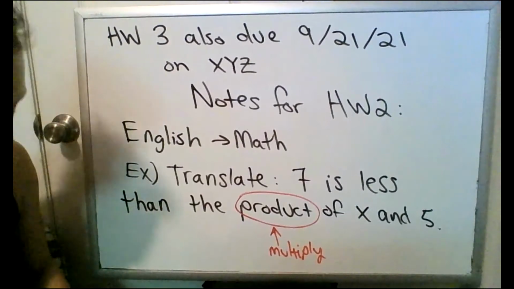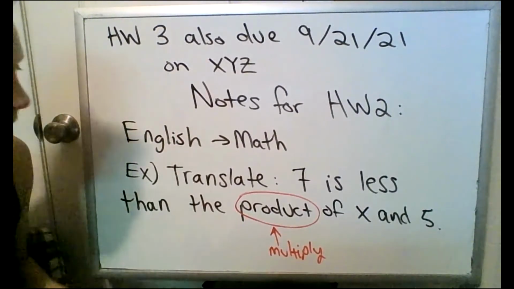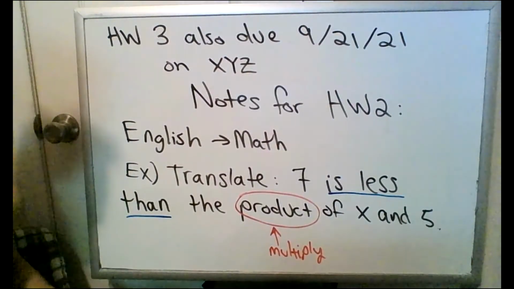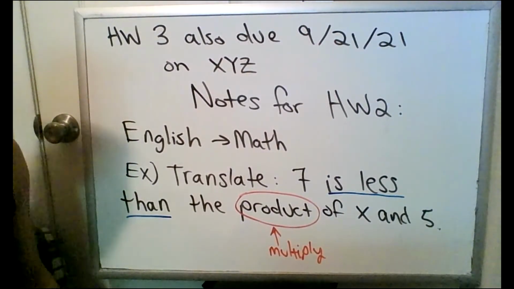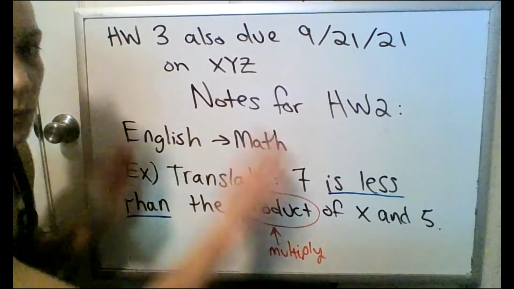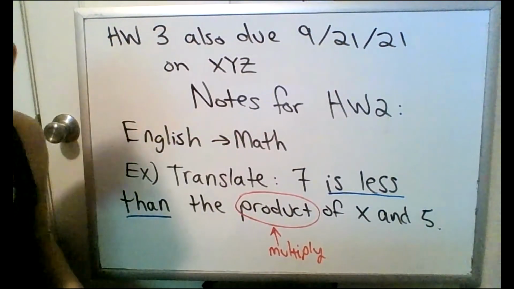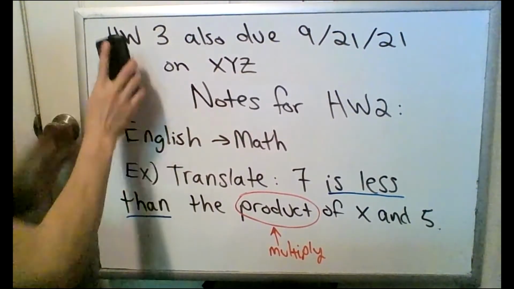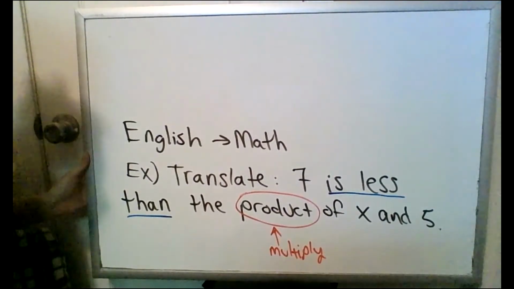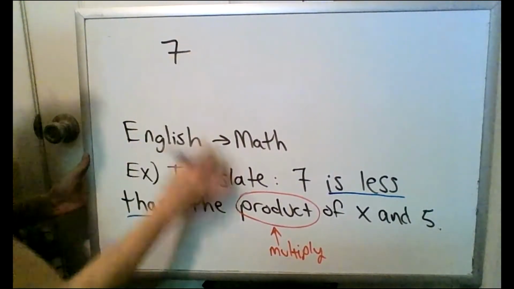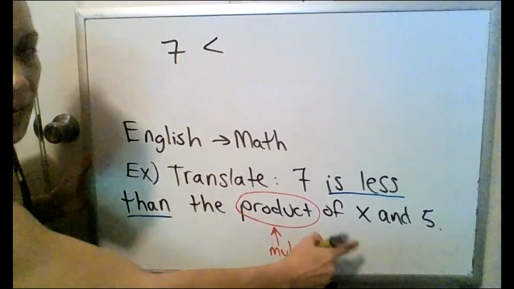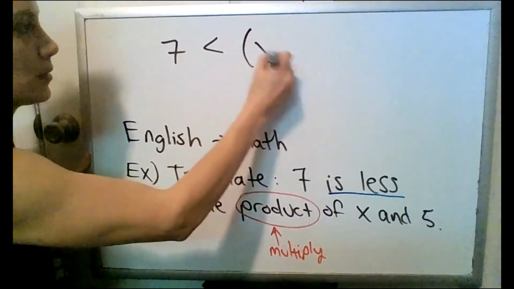And then we have 7 less than, strictly less than. As we read from left to right, we're going to write the statement down just the same. Starting with 7, less than the product of x and 5. So multiply x with 5.